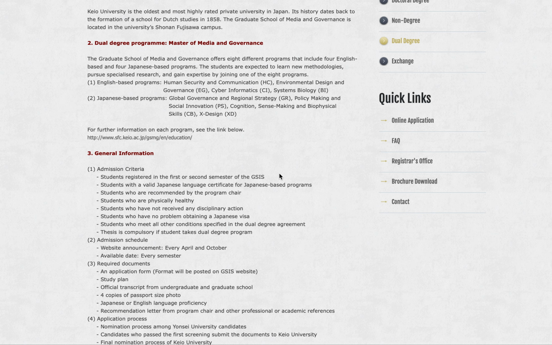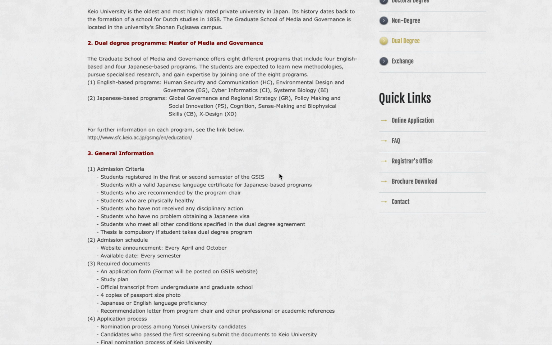Actually, I'm not good at Japanese at all, but I found a Japanese tutor in the PS program who can speak very good English. So even though I'm not good at Japanese, I can find an English advisor, so I can enter the Japanese-based program using English to finish it.